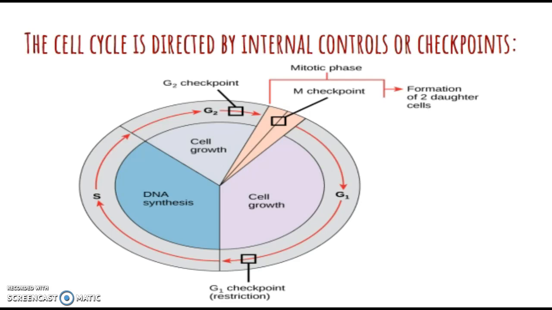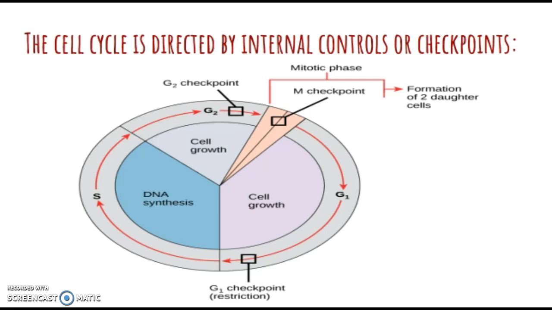This is when the cell prepares for mitosis and meiosis. As you can see by the diagram, as each checkpoint is fulfilled, there is more cell growth and DNA synthesis and formation of daughter cells as the cell cycle occurs through all the 6 phases that were discussed earlier.